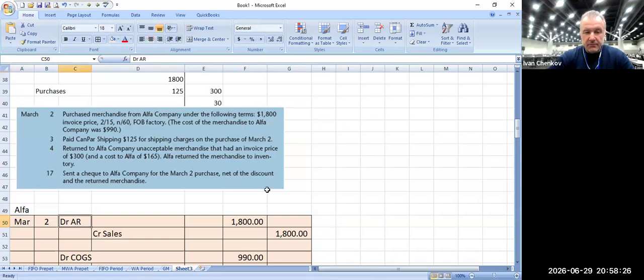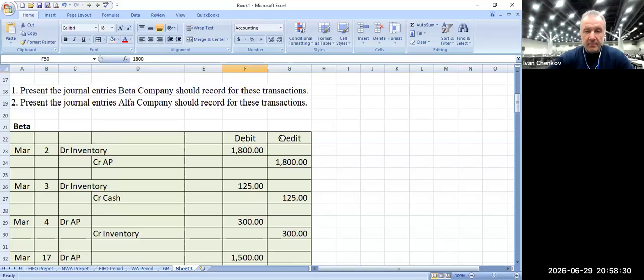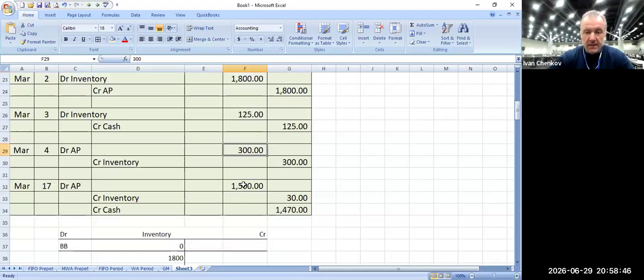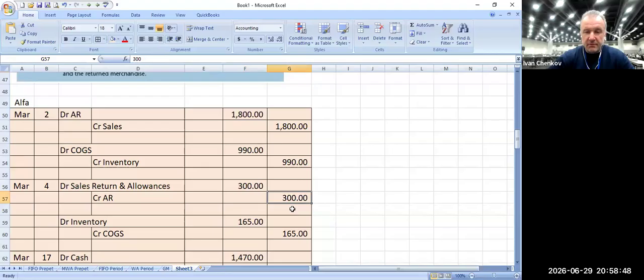whatever our sales is, whatever accounts receivable is for us, it's accounts payable for the other company. Every time we give them a return and accept their return, their accounts payable goes down and our accounts receivable goes down.